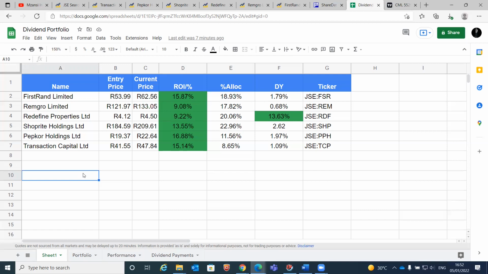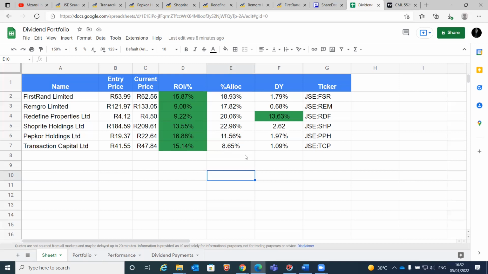Each of these companies, like I said, was bought based on technical analysis. The initial goal was to make sure that each company is maximum 20%, but the percentage allocation will fluctuate depending on how the share price of each company performs, but also depending on when I bought that company.